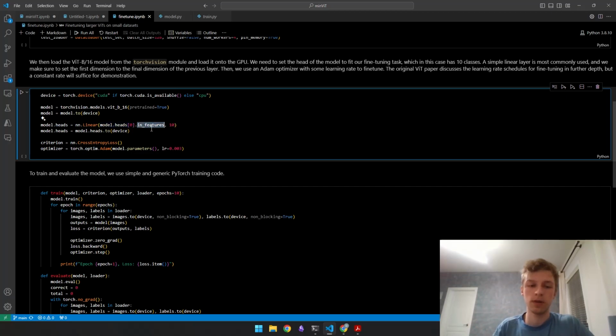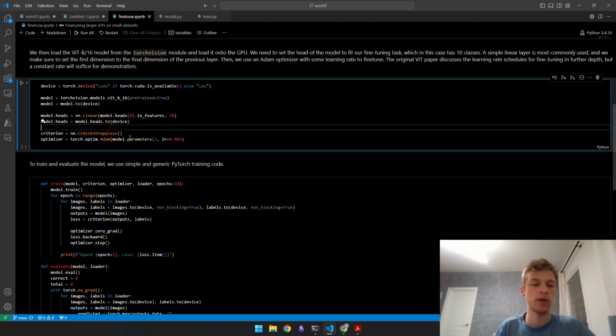We look at its in_features, how many features are the input, so that we can match our new head with the old head. And then finally, we have 10 for the number of output classes that CIFAR-10 has. And of course, we also load that on the device.